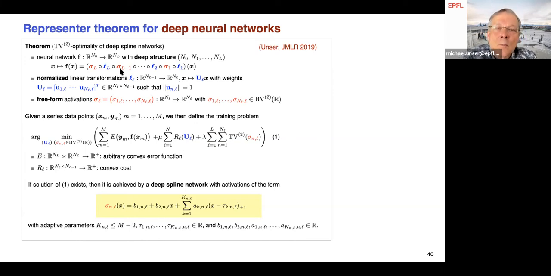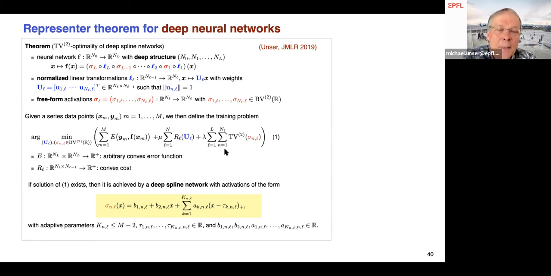So you choose just your favorite cost function. That can be anything, like in the deep neural network framework, with some regularization that you put on the weights, whatever you want. And you will also optimize the nonlinearities, but those will be optimized by taking their second-order total variation, so the M norm of the second derivative.